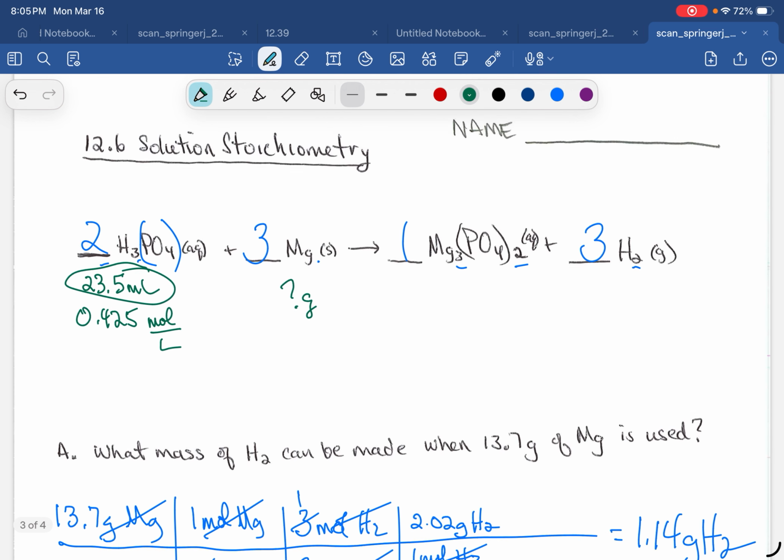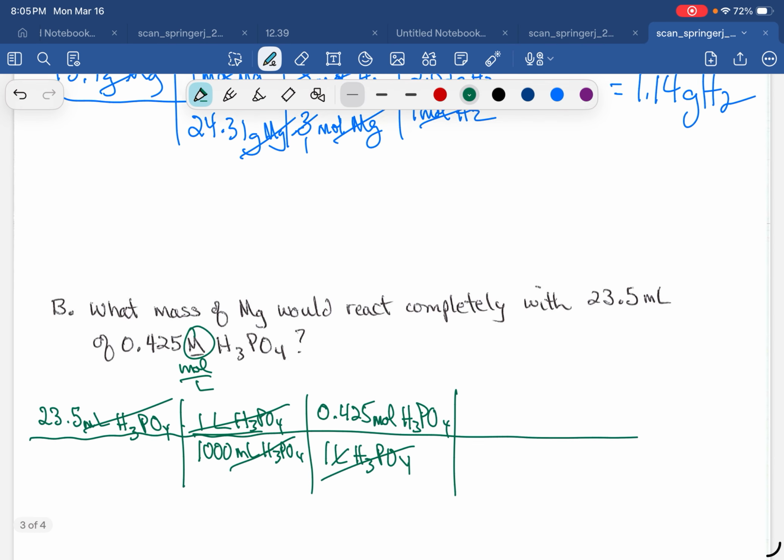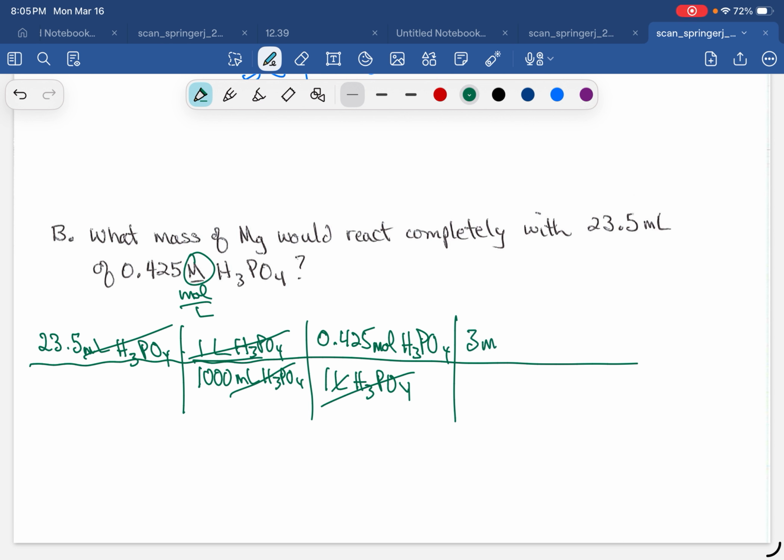We're looking for the magnesium. So 3 moles of Mg over 2 moles H3PO4. And then we need the molar mass of Mg, which we looked at earlier, was 24.31 grams per 1 mole Mg.